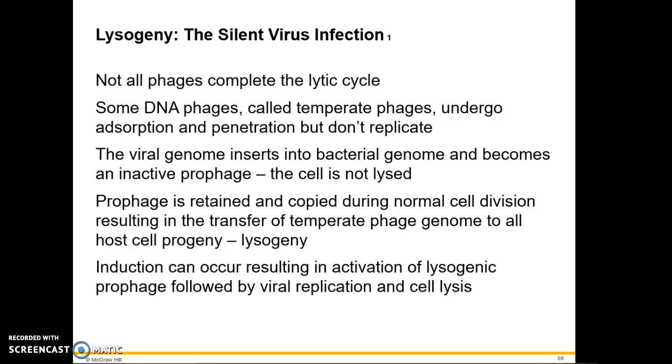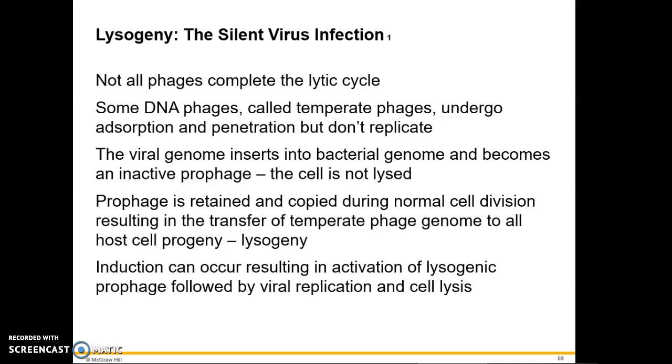So lysogeny is what happens when certain DNA phages called temperate phages go through the process of adsorption and penetration, but don't replicate. The viral genome is inserted into the bacterial genome and then becomes what's called an inactive prophage. The cell is not lysed.